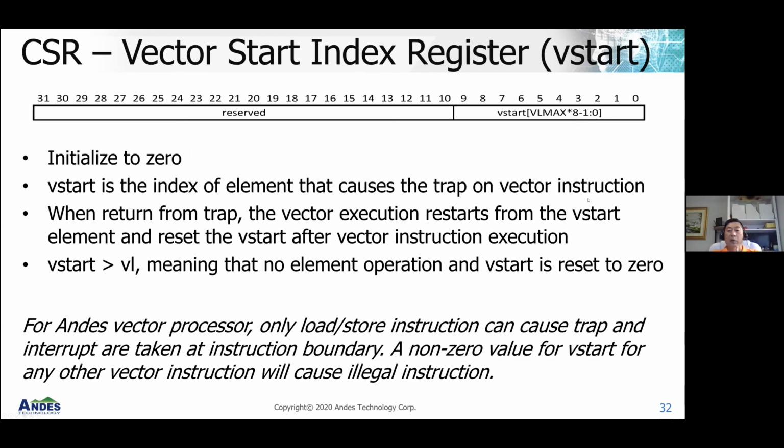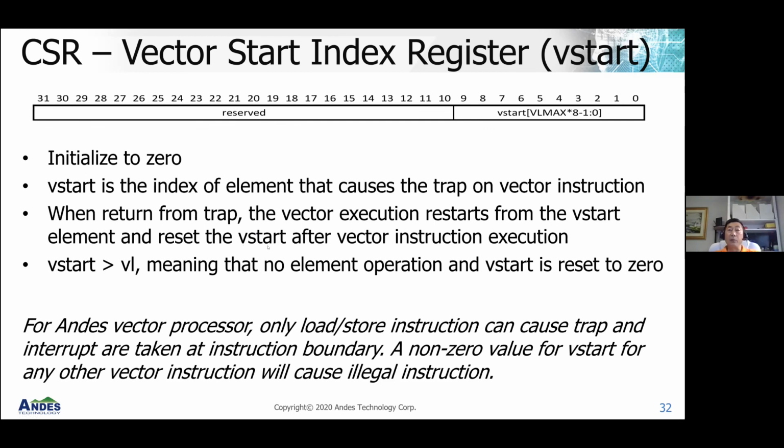So for example, if you load the data and the first 3 elements are okay, and when you load the 4th element you have an exception, you will set the vstart to the 4th element and take the exception routine. Then when you fix up the data and come back and restart the vector load again, you will start loading data from the 4th element, where you had the exception, and load to the end.